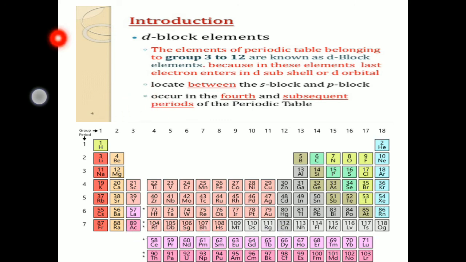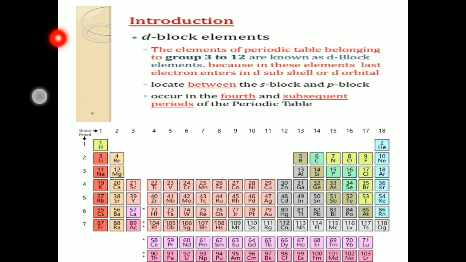These are the 4 rows of d block elements. In them, the first 3 rows are completely filled. The fourth one is not completely filled, and its importance is very less when compared with the first 3 rows of d block elements.